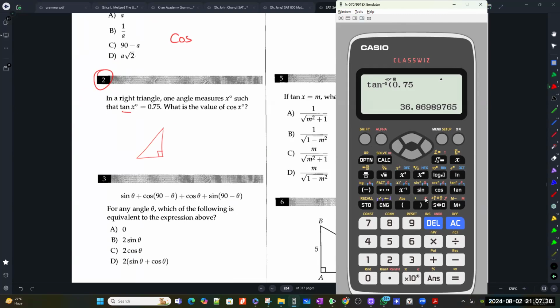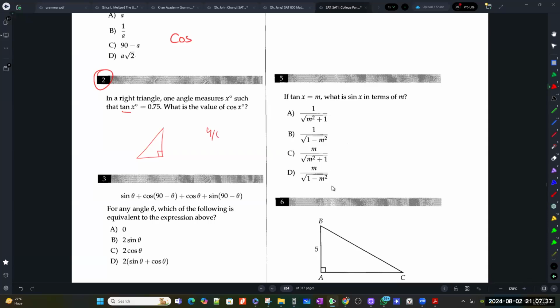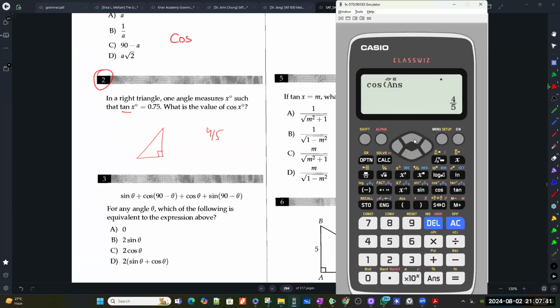And then you can say, I can do cos of the answer and get the answer as 4/5. That's perfect. You can do that. Guys, this is something which you used to do back in the days: tan inverse of 0.75 would get you the angle, and you would then use cos of the answer. Cos of the answer gets me 4/5.